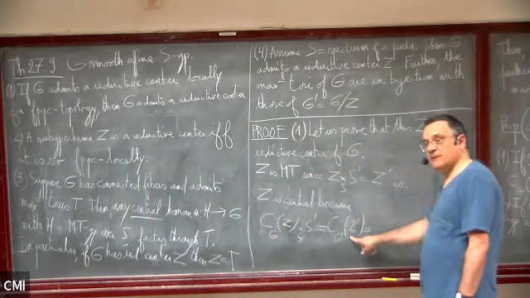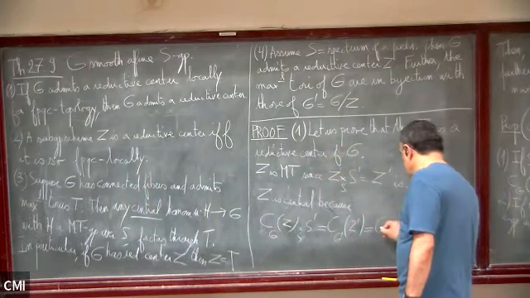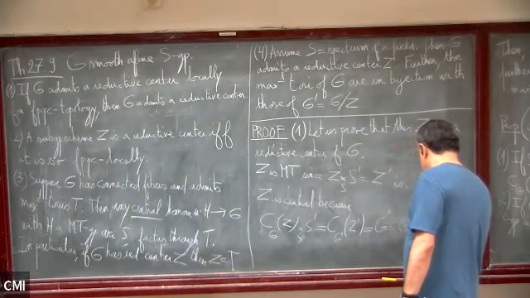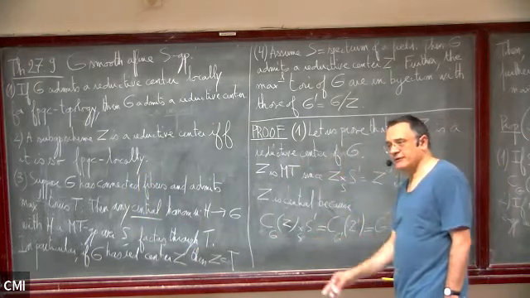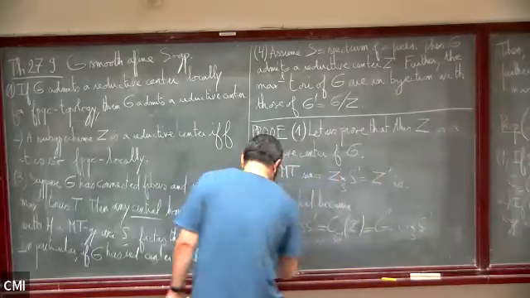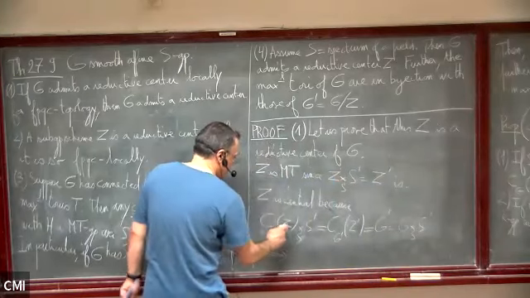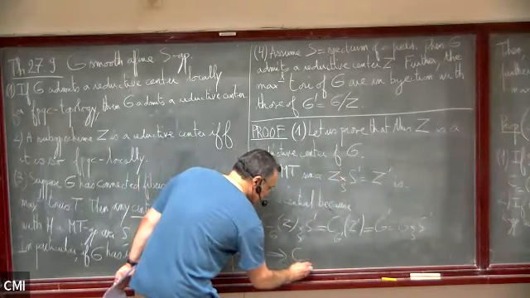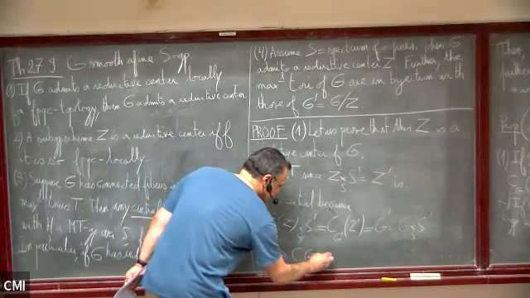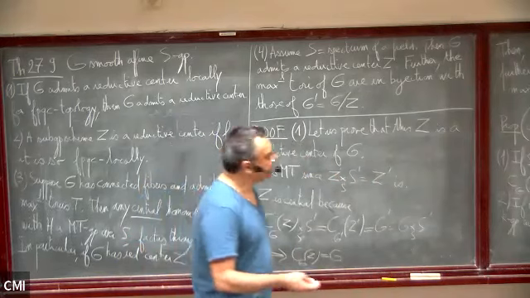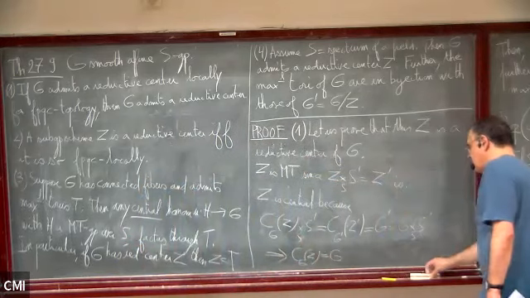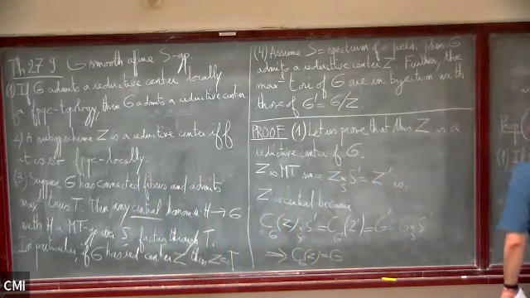And since Z prime is central in G prime, this is G prime, which is G base changed to S prime. And since S prime is faithfully flat over S, this implies that the inclusion of that one into G is already an equality. Okay, so it is central, and so we only have to check the universal property.